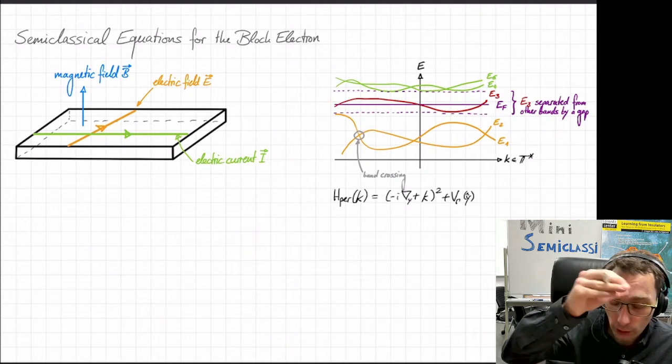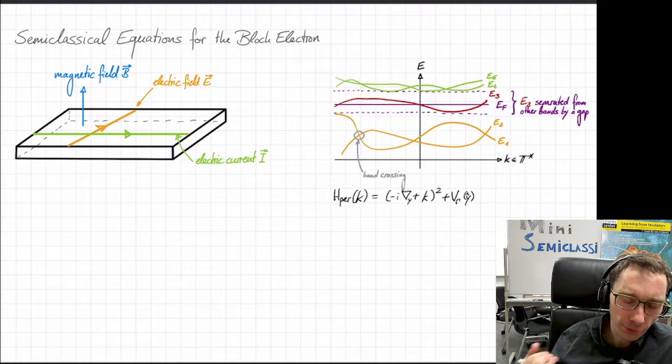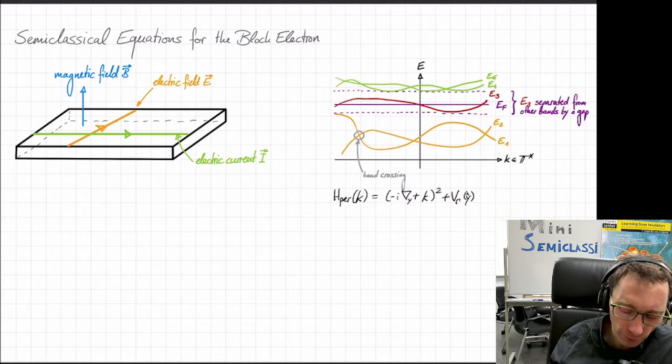Also, once you choose the phases appropriately for the eigenfunctions, you would also get locally analytic functions. At least that's always possible, again, away from band crossings.